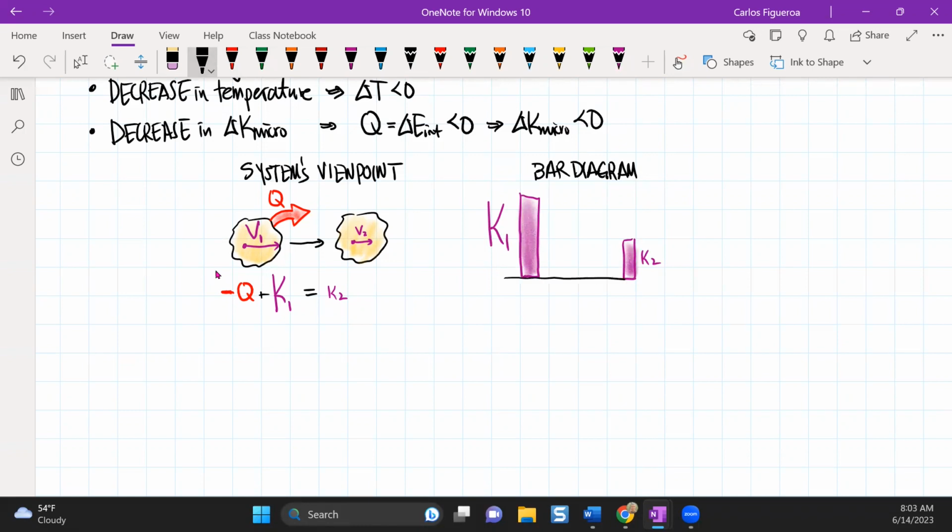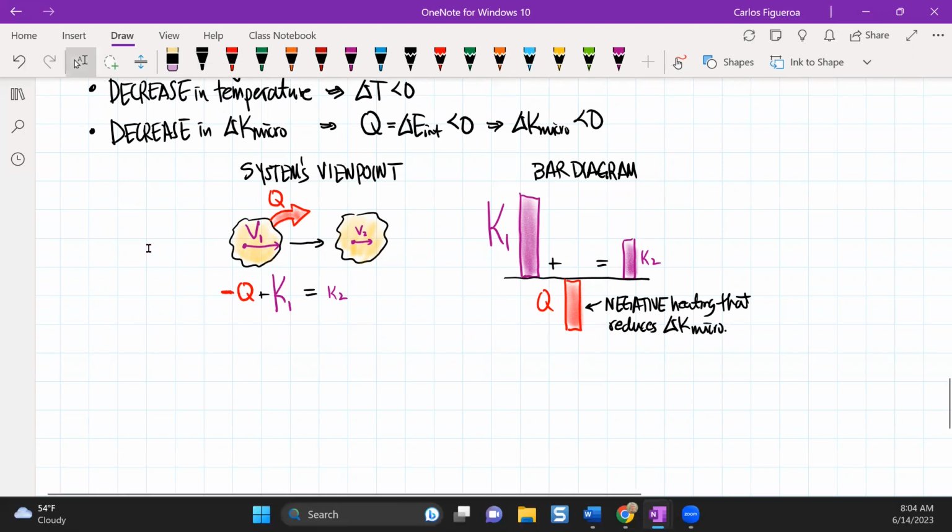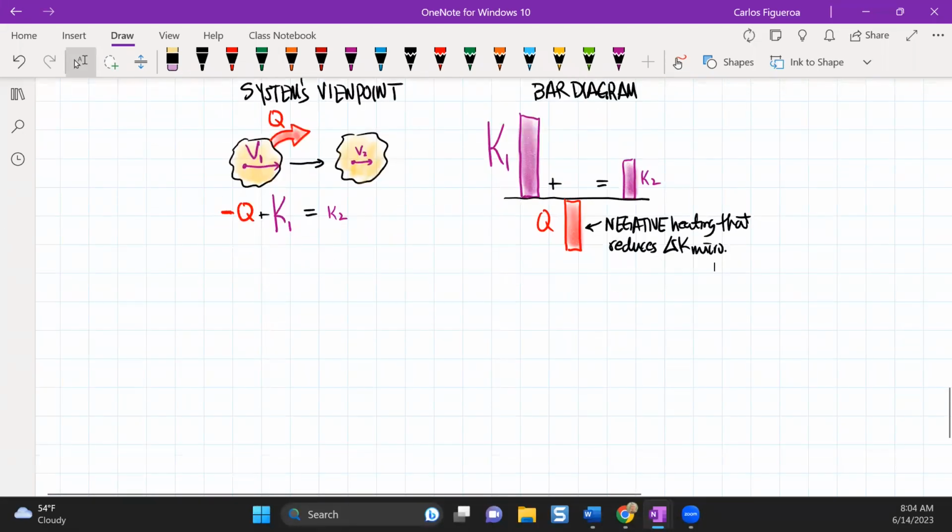The only way I can do this is if there's a reduction of kinetic energy, and we see that this reduction clearly shows that this is negative heating that reduces K micro. That picture, in my opinion, is the strongest way you can see it here.